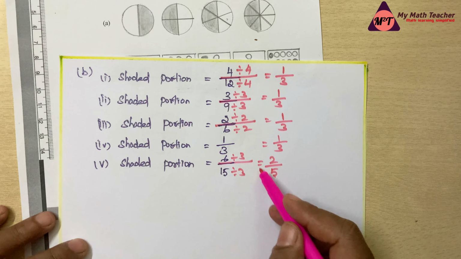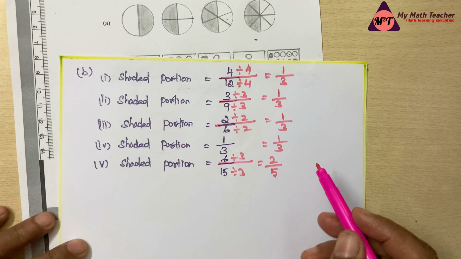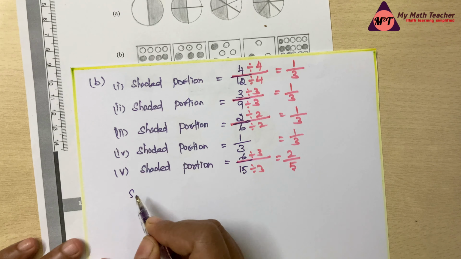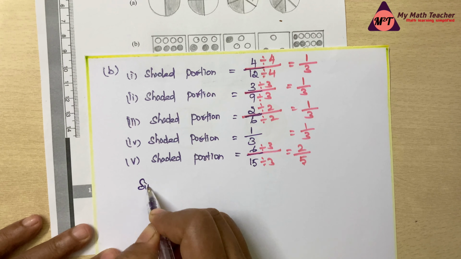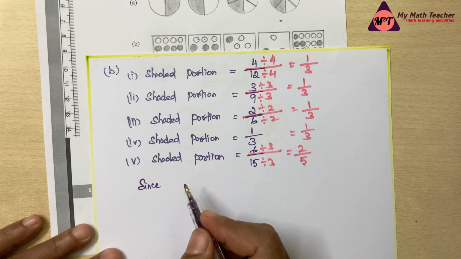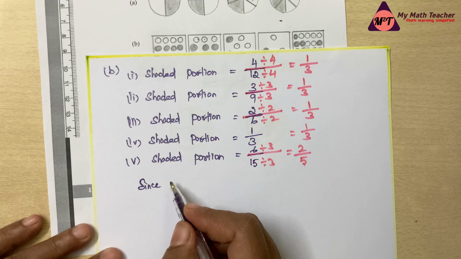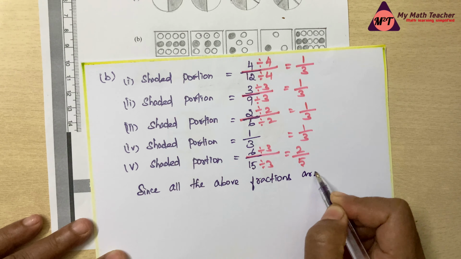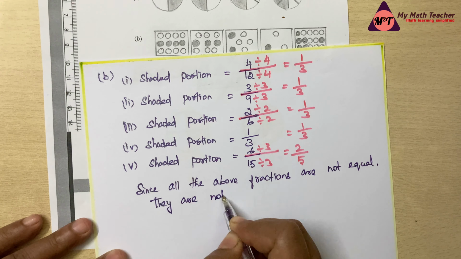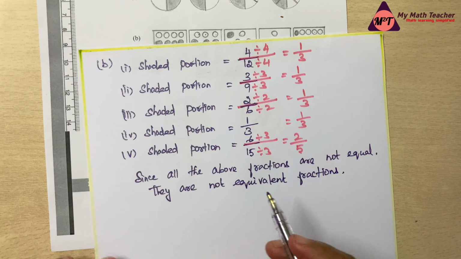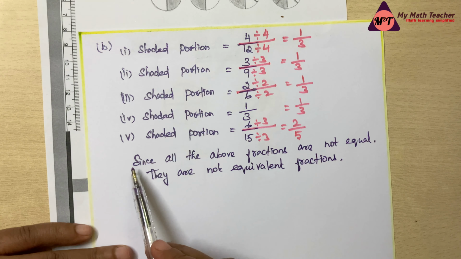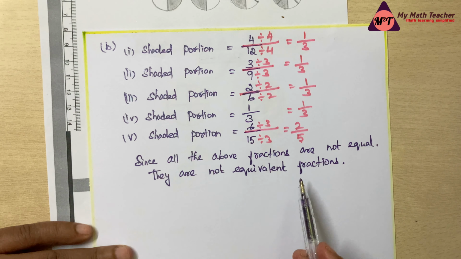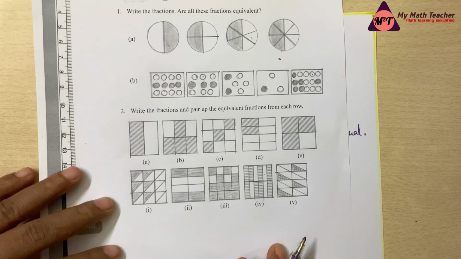So this is the final answer, which is 2 by 5. So all the diagrams are not equivalent fractions. You can give your reason like this: since all the above fractions are not equal, they are not equivalent fractions.